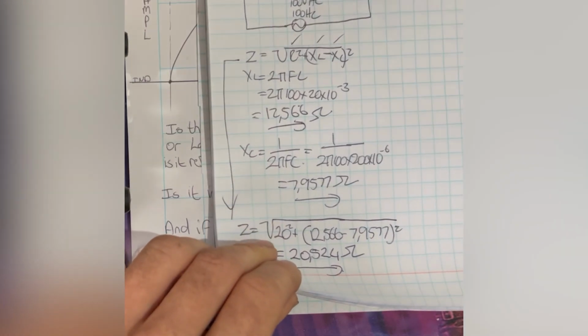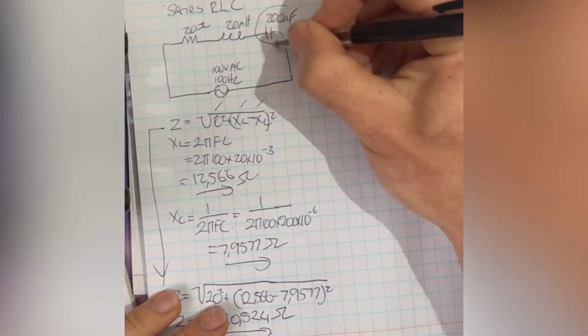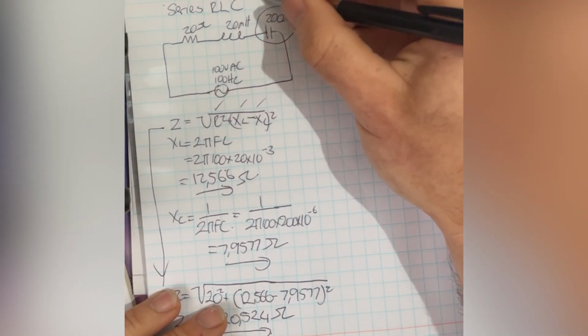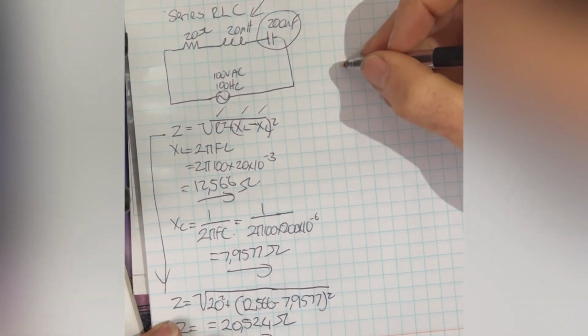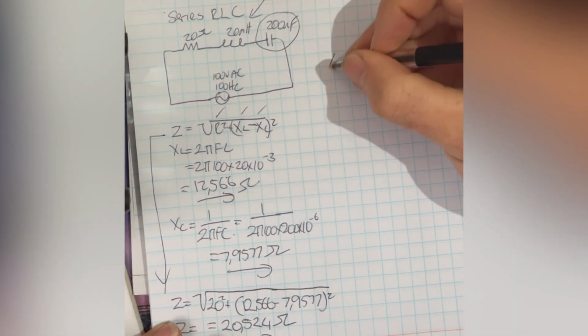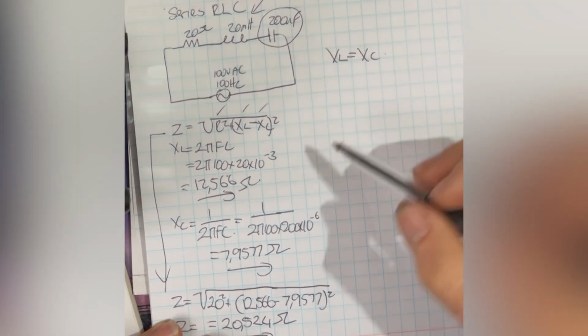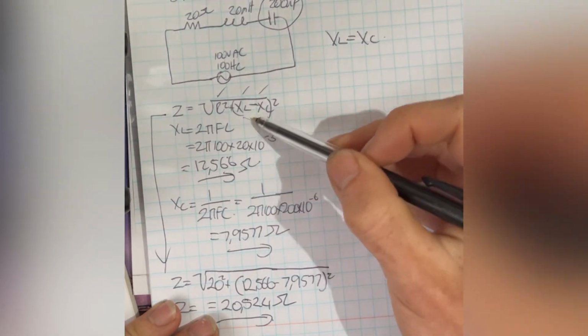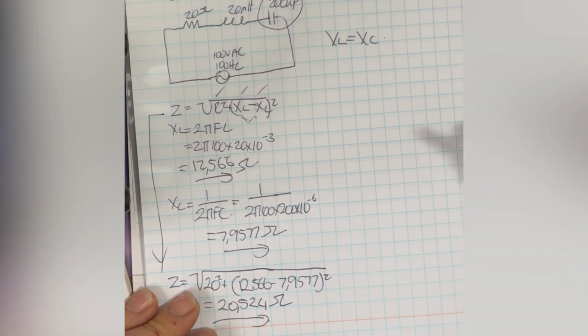Trick question, right? Now I ask you to remove this capacitor and make the circuit resonant with only the inductor in it. So what we're going to do is equate XL to XC, and seeing that they deduct from each other in the total impedance formula, that would be their lowest value, and that's resonance as well.